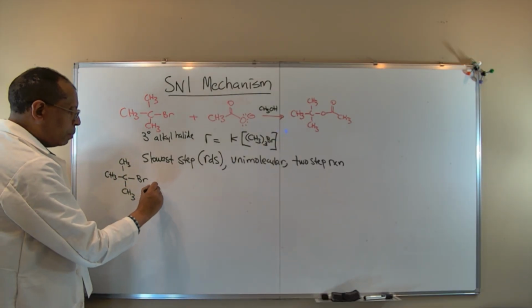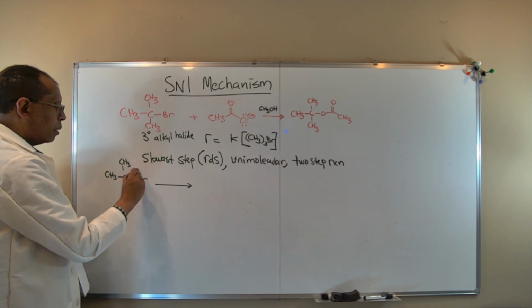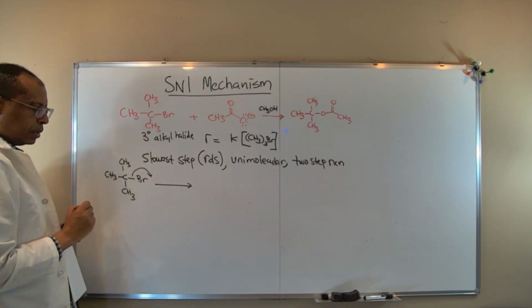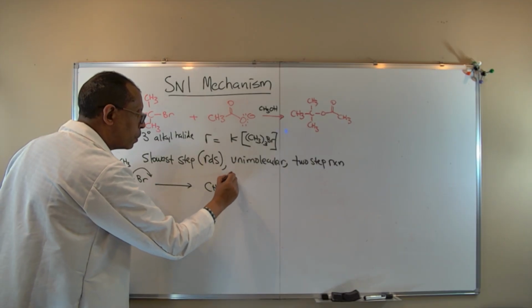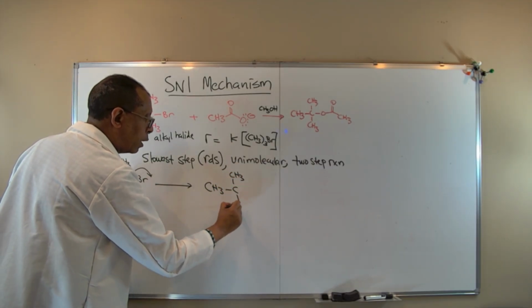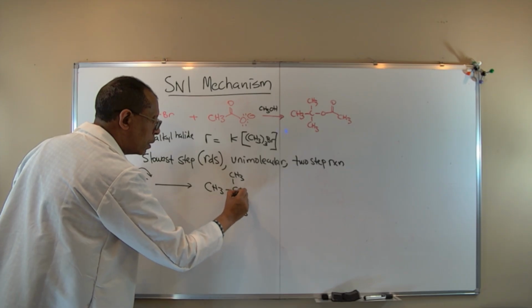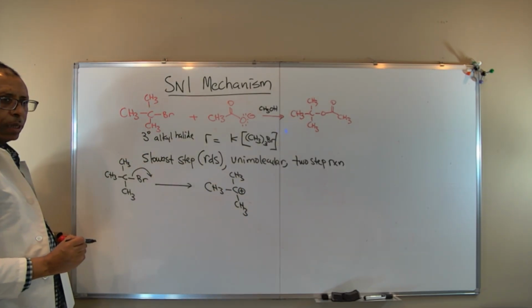So the first step, the bromine leaves. That means it creates a carbocation. A carbocation is formed.